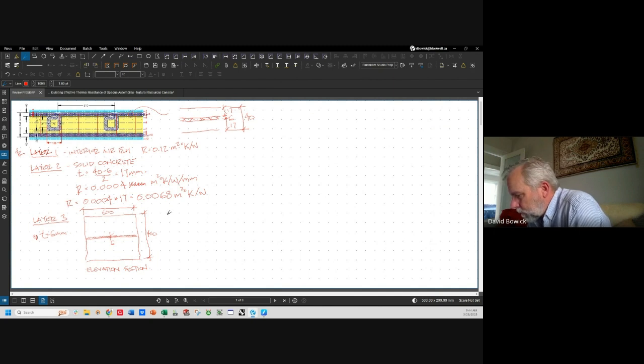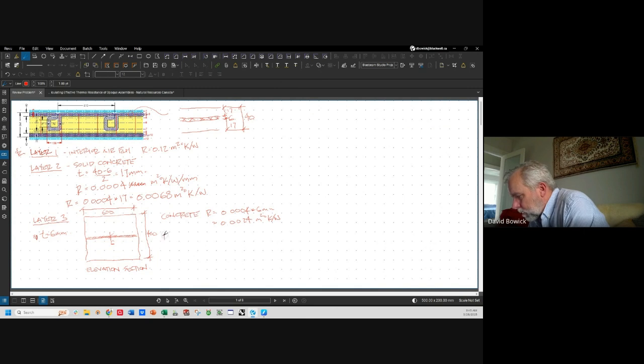So we're going to say that the concrete R equals 0.0004 times 6 millimeters equals 0.0024 meters squared degree Kelvin per watt. So that's the R value of the concrete within the layer.